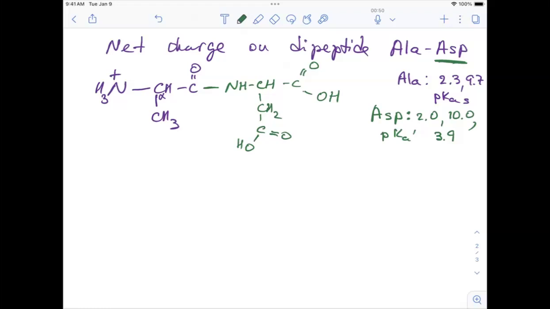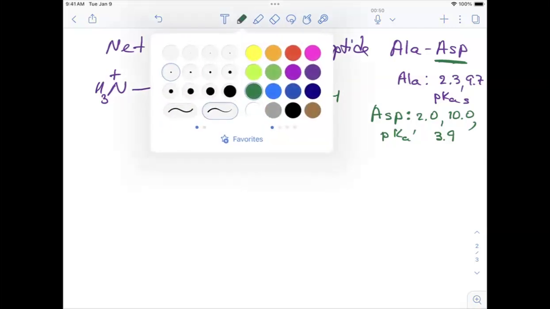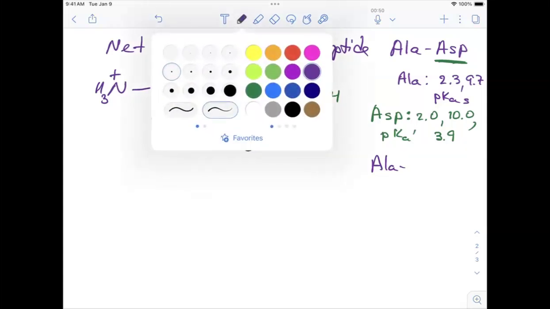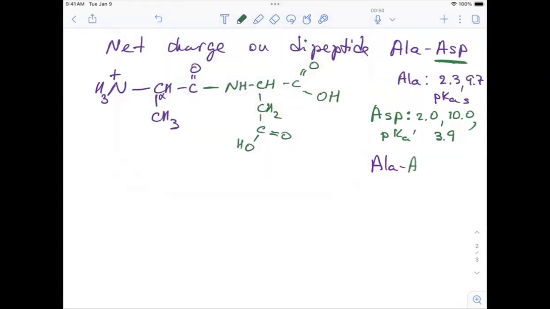But when you have a dipeptide, as soon as you put this together into the ALA-ASP dipeptide, how many pKa's does the dipeptide have? Can you see that the dipeptide will only have three pKa's? It's not 2 plus 3, it's just 3. So let's highlight which pKa's the dipeptide has.